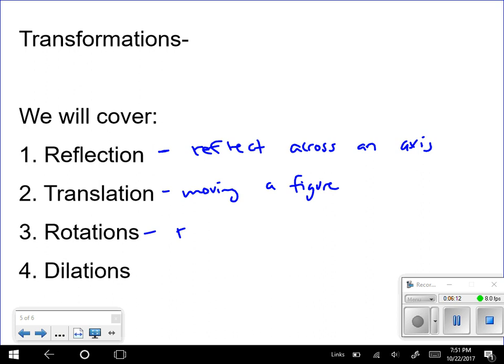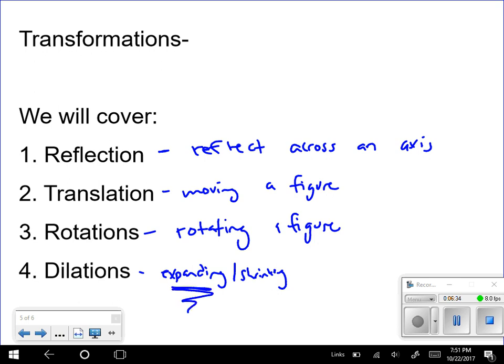Rotation is rotating a figure. Obviously, it's in the word. So we'll take it and we'll just rotate it a little bit. And then dilation is actually expanding a figure or even shrinking a figure. Mainly, we're going to focus on expanding.